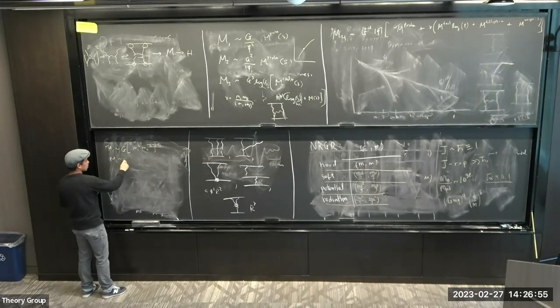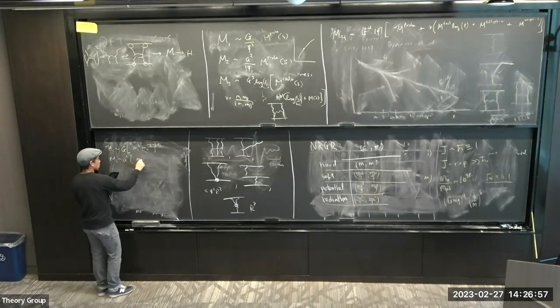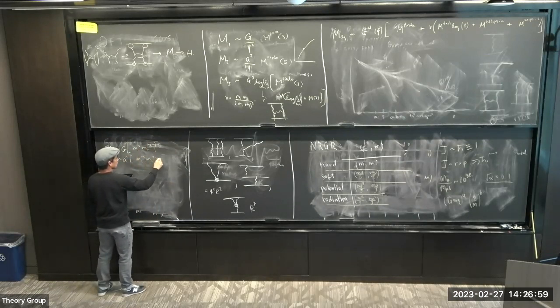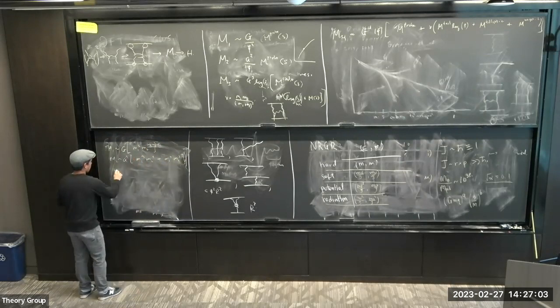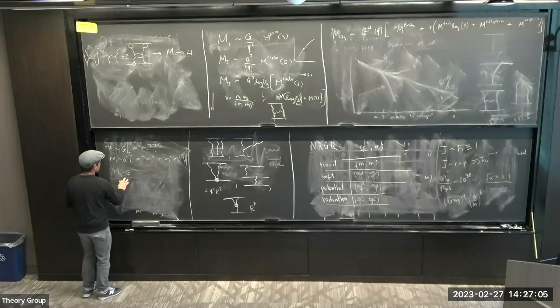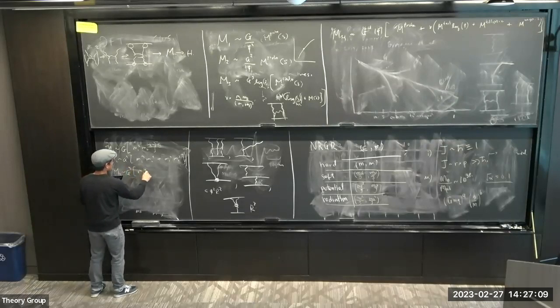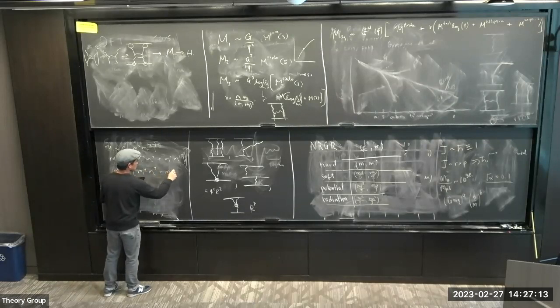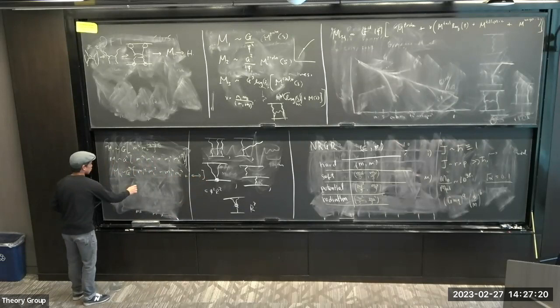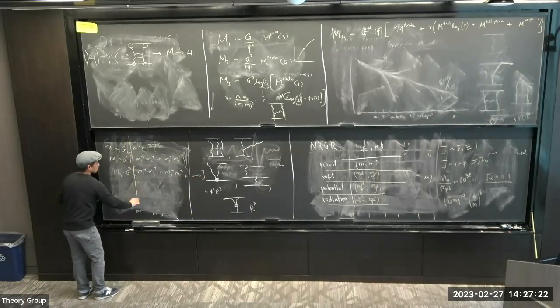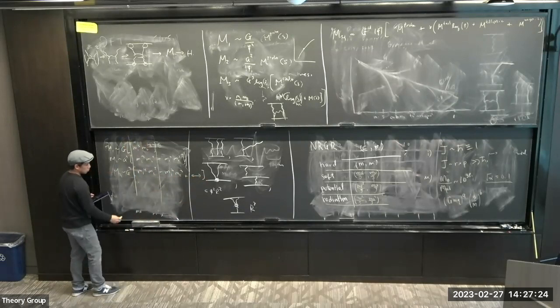The one loop correction goes as G squared, M1 cubed, M2 squared plus M1 squared, M2 cubed. At 2 loops, this is G cubed. This is M1 to the fourth, M2 squared plus M1 cubed, M2 cubed plus M1 squared, M2 to the fourth, and so on and so forth. So you see that this whole first row here is really the probe limit.